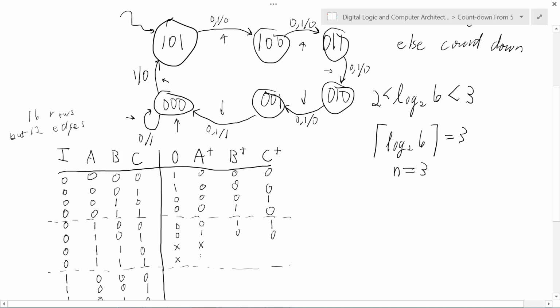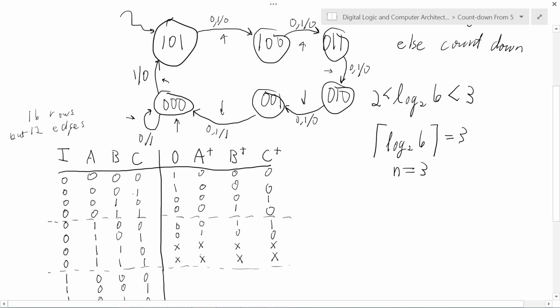We don't care what the next state is for either of these states, because by design, this state machine should never get to states 6 and 7, because the state machine doesn't list it in this state diagram. So that covers inputs 0.